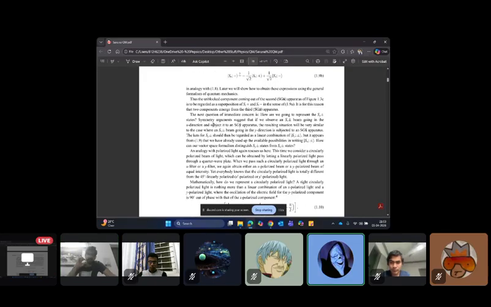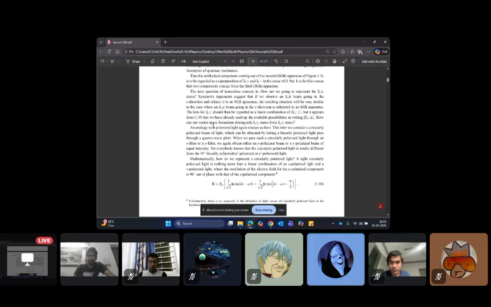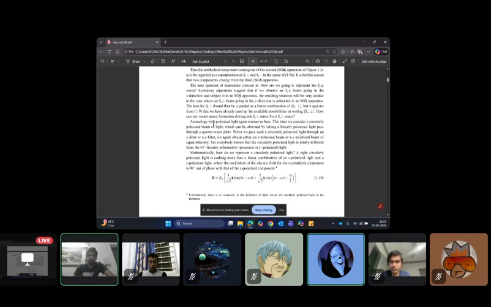An analogy with polarized light again comes to the rescue. This time we consider a circularly polarized beam of light, which can be obtained by letting a linearly polarized light pass through a quarter wave plate. When we pass such a circularly polarized light through an X filter or Y filter, we again obtain either an X polarized beam or a Y polarized beam of equal intensity.